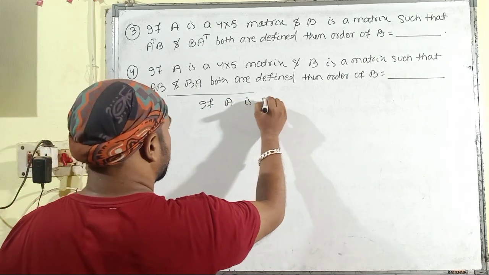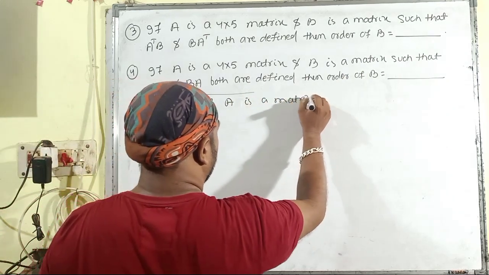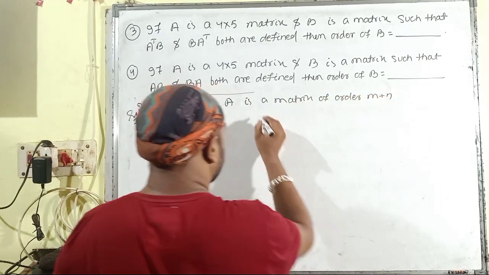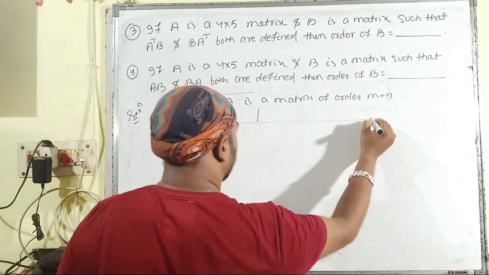If A is a matrix of order m cross n, then it has two parts.